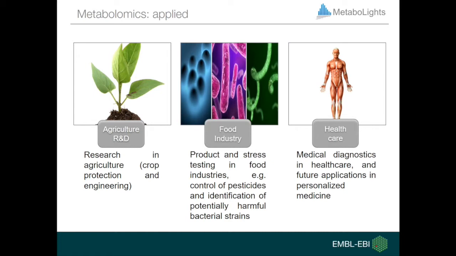But the main development now, which is really transforming metabolomics and putting a lot of money into the field from all aspects, is for healthcare. While you have your genetics and you have your proteins, metabolomics is really what's going to help push the personalized medicine that we've all been promised.